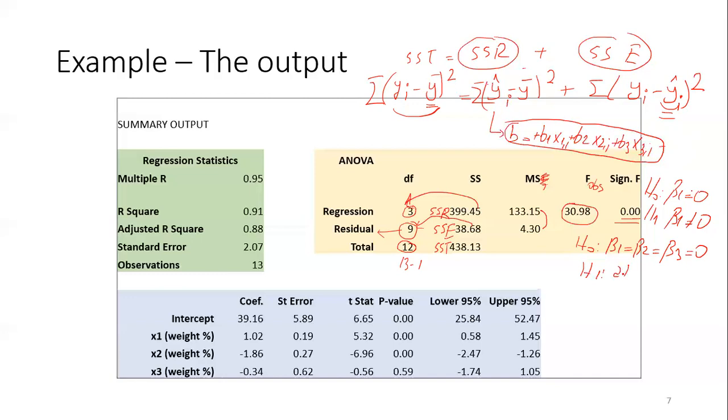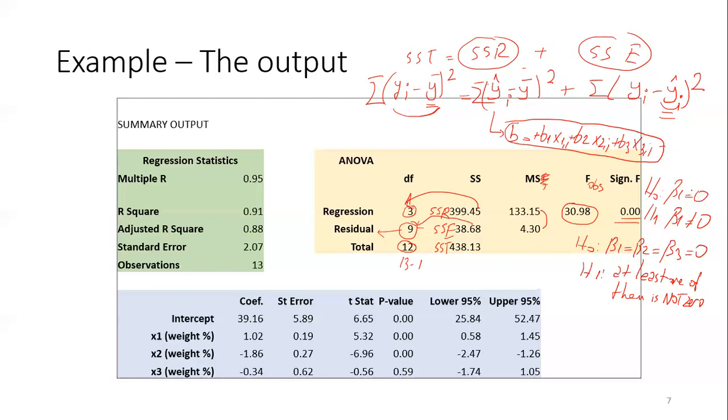H1: at least one of them is not 0. I don't know which one, but at least one of the x variables affects the value of y. That's the hypothesis test for ANOVA.